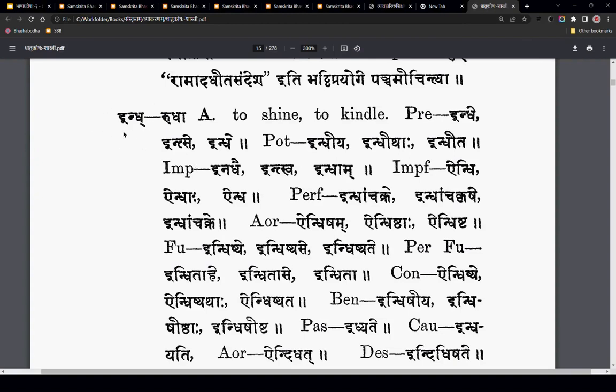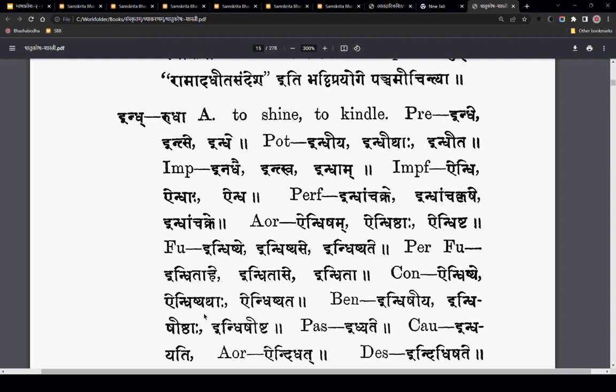Many times we know the namapada forms of these words in common use, like indhana. Maybe you may be familiar with the word indhanam. Indhana means fuel, which comes from this dhatu. Right? Last time we talked a little bit about how all the words, namapadas, originate from the dhatus only.